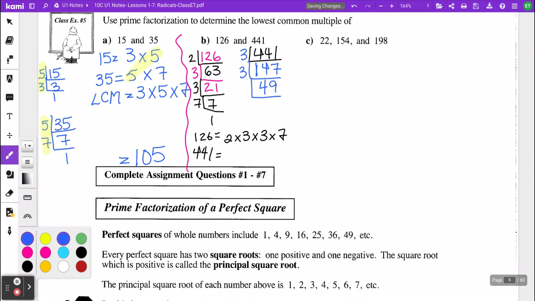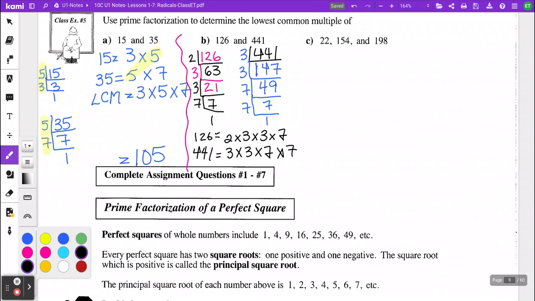So that's going to divide by 7. And it's going to leave you a 7, which will divide by 7 again, to leave us a 1. So now my prime numbers for 441 are 3 times 3 times 7 times 7. All right.